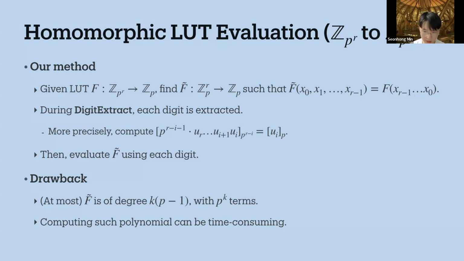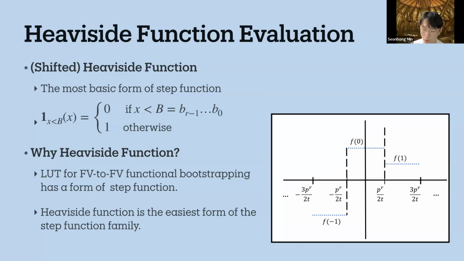So in this work, we provide a more optimized version of the LUT evaluation. We focus on the Heaviside function. The Heaviside function is the most basic form of the step function. It is basically an indicator function. It outputs 0 if the input is smaller than b, where b is some kind of bound, and outputs 1 if the input is bigger than or equal to the bound b.